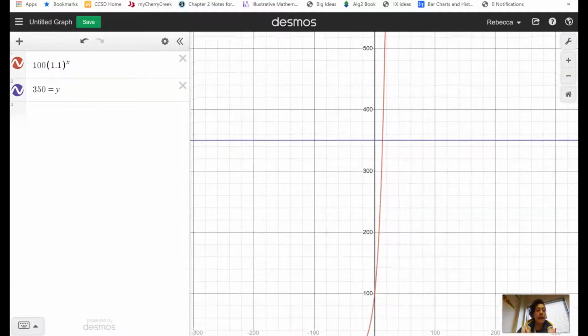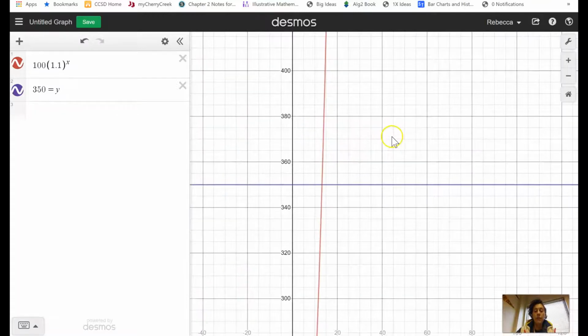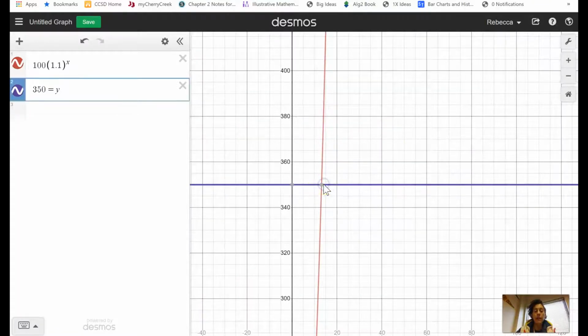And there I find my blue line crossing my red curve. And remember, I've shown you that you can just tap, and then you'll get where they meet. So that x value is, when did the population reach 350,000? That x value is my answer. So I'm going to write that down on my paper and then come back to the actual paper.